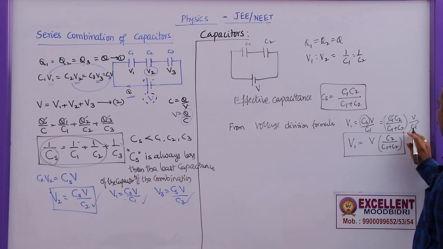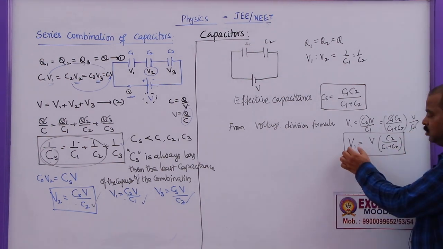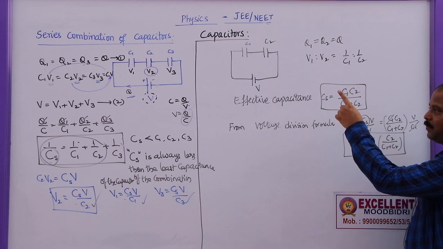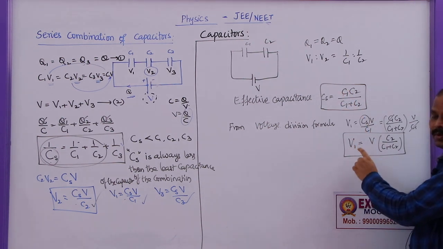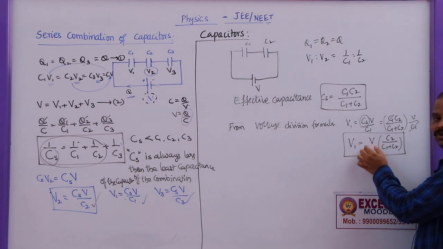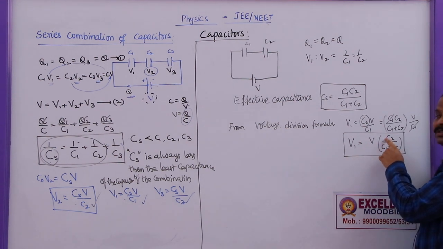This is a very important formula. In a series combination of two capacitors, the potential drop across the first capacitor is the total potential applied into the capacitance of the other capacitor by the sum of the two capacitors.